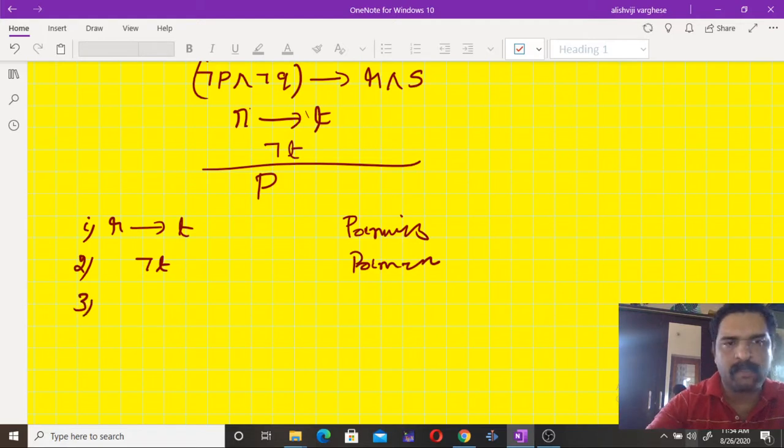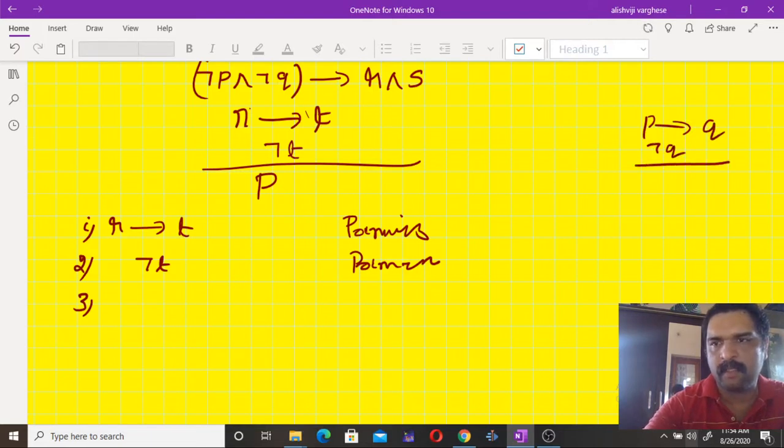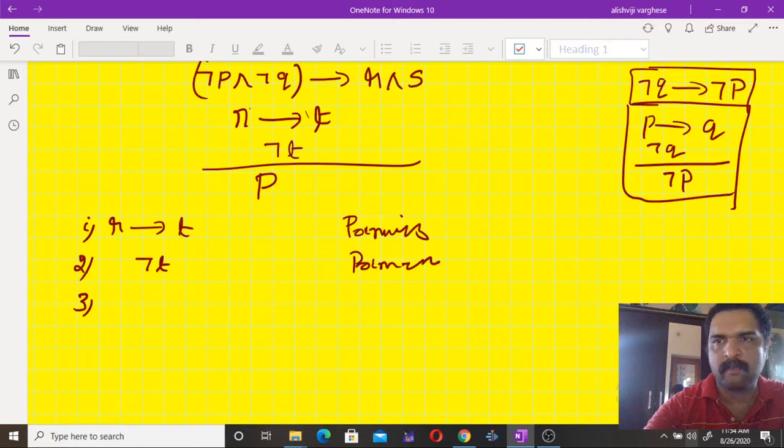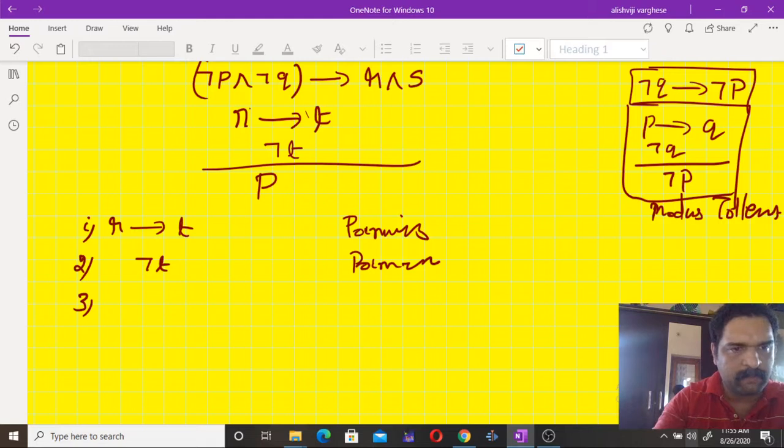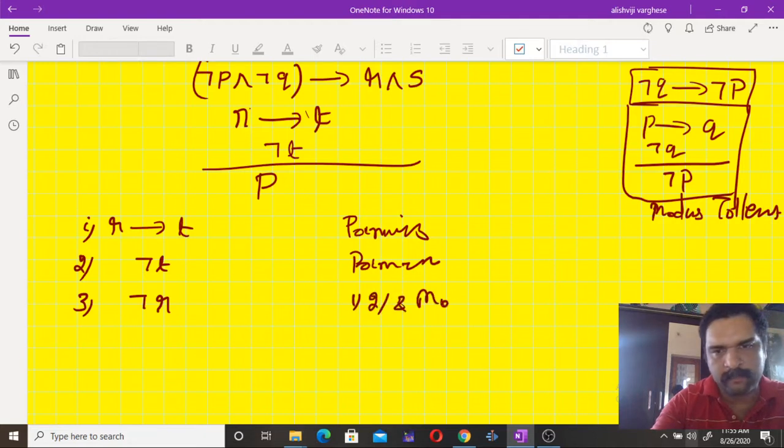Then third step: if P implies Q and negation Q, then we can conclude negation P. In other words, P implies Q and negation Q implies negation P are two equivalent statements, or this argument, P implies Q, negation Q, therefore negation P, is known as modus tollens, and by that argument we can conclude negation R. So that is by 1, 2, and the logical implication of modus tollens.